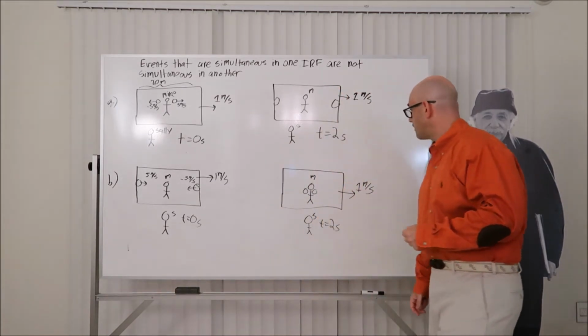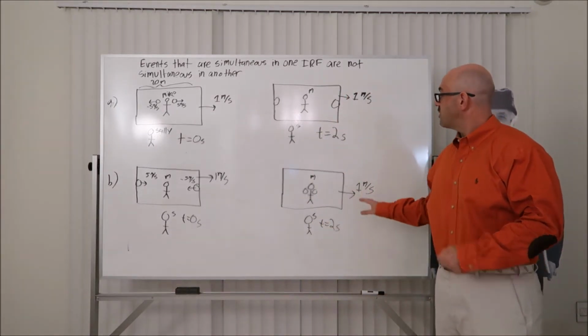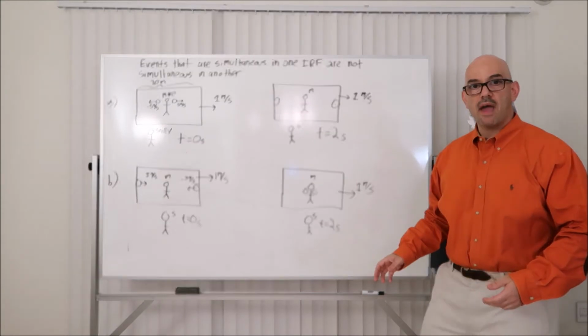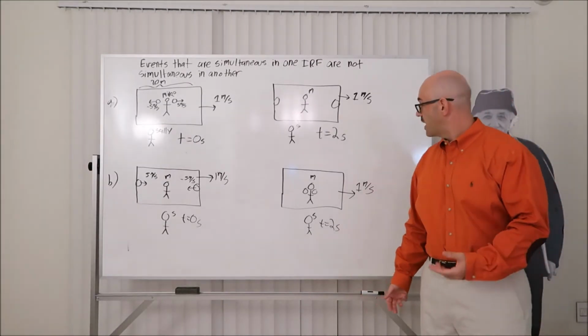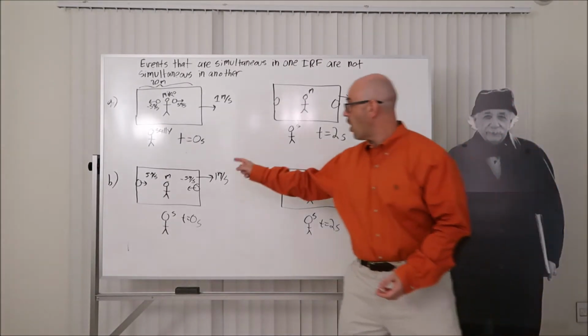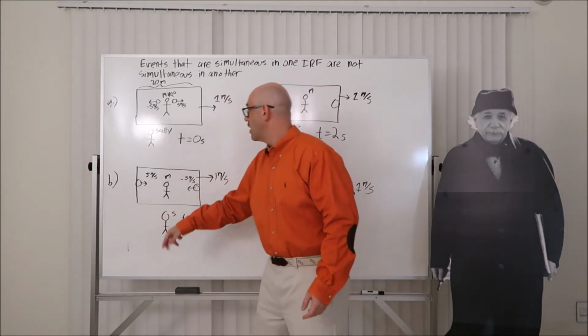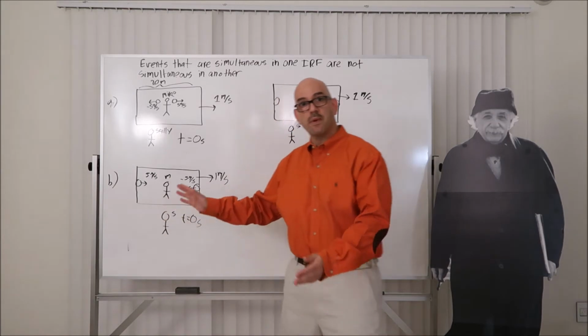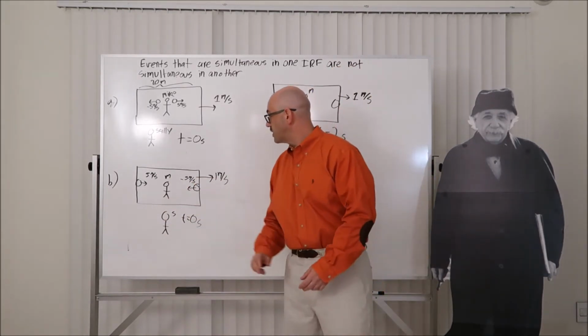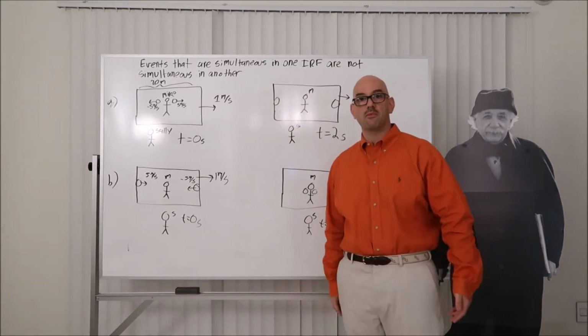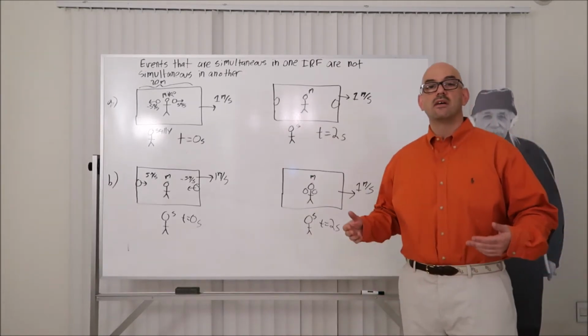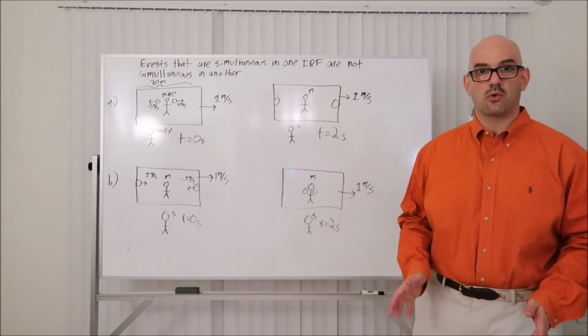But Sally still sees that the balls hit Mike simultaneously, because this one will be going slower, and this one will be going quicker, but this one has a longer distance to travel because Mike is moving away from it, and this one has a shorter distance to travel because Mike is moving toward it, and they both hit him simultaneously from both inertial reference frames.